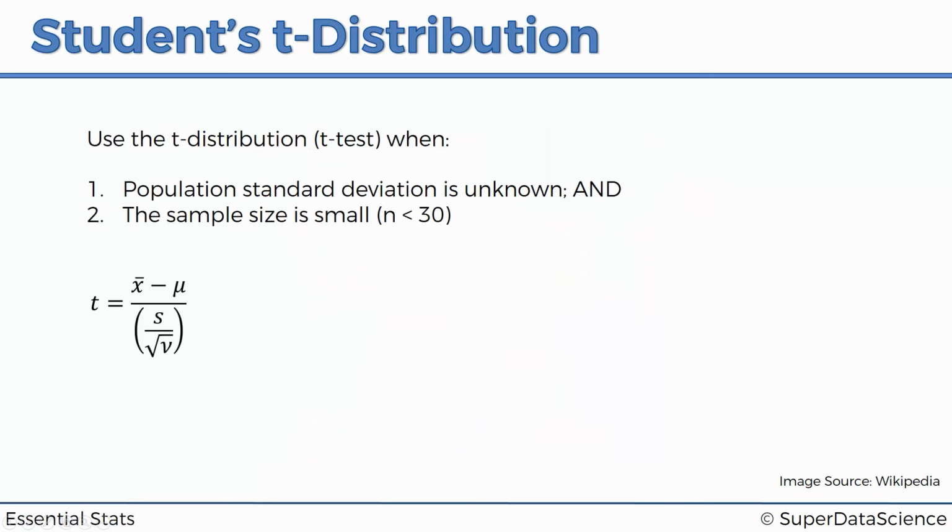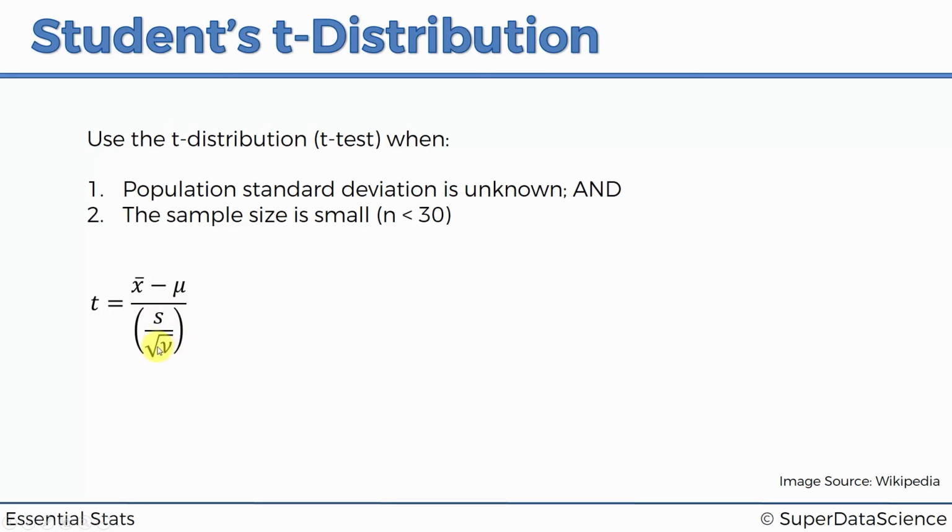And that's where these rules come from, that we use a t distribution, or a t-test. It's also called a t-test. You've probably heard that: when the population standard deviation is unknown and the sample size is small, less than 30. So very important that both of these conditions are met. The t distribution, as you can see here, allows you to calculate.